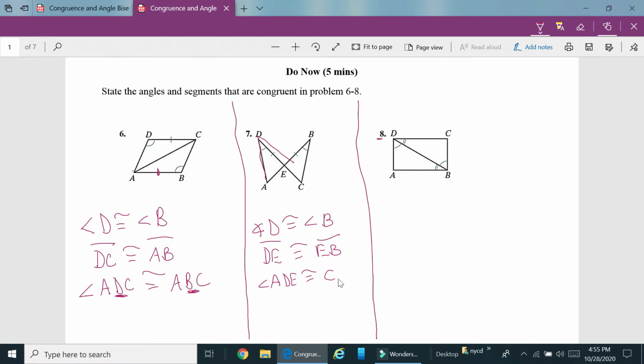And let me make sure I put my angle measure right here. Okay. And then let's look at number 8, because now we can't use a single letter, because they just talk about angles there. So let's look at the single curve right here.